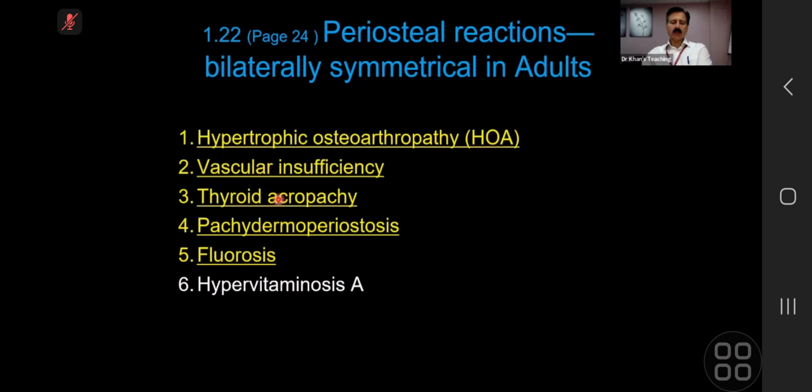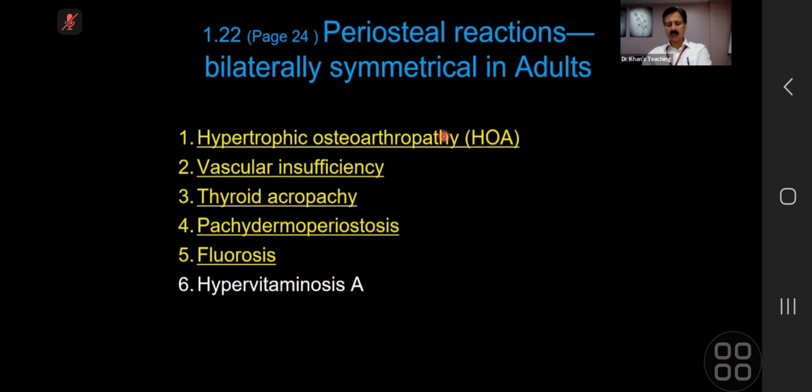Thyroid acropathy, of course, is clinical, and the bones involved are usually the hands. Pachydermoperiostosis has quite a similar type of picture, but this is a familial condition, also known as primary HOA in the USA. These patients will be young, usually teenage. Fluorosis and hypervitaminosis, of course, have different radiological features.